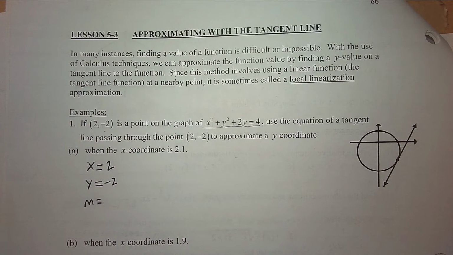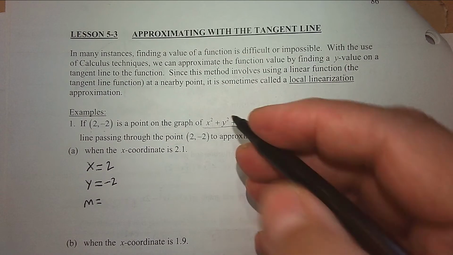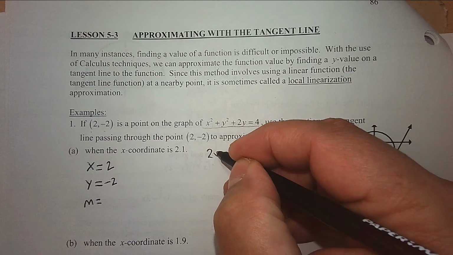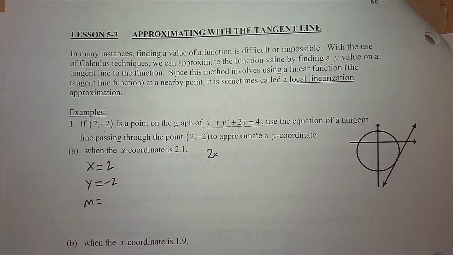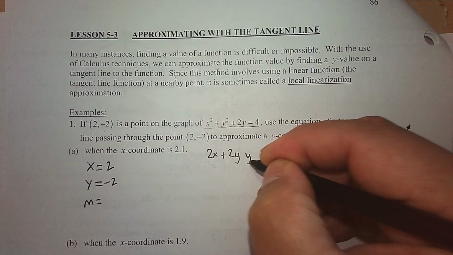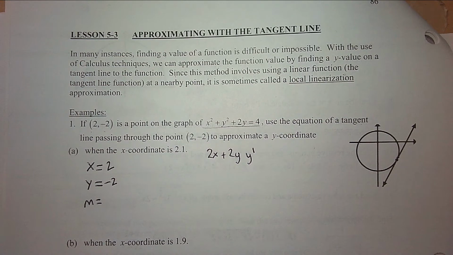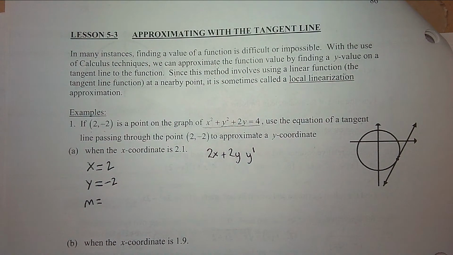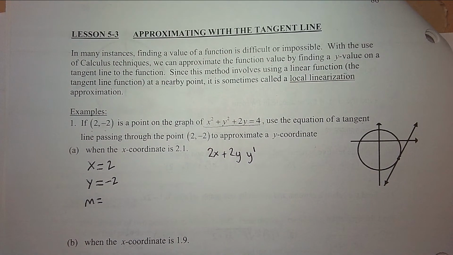Ready? Okay. The derivative of x squared is? The derivative of y squared, and y prime is my slope, right? Like when I get to that point, y prime is the derivative. That is the slope. That's what I'm looking for. We'll get there.